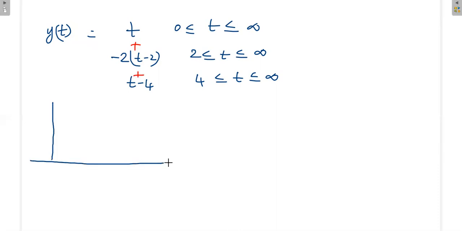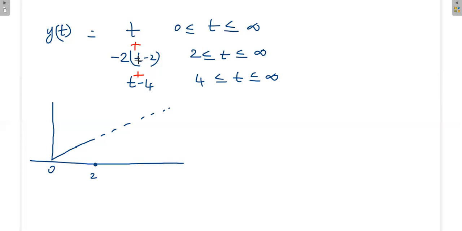See, the first one is t, it just goes like this, valid from 0 to infinity. Now exactly at t is equal to 2, say for example this is 2, you are introducing a new function at t is equal to 2.